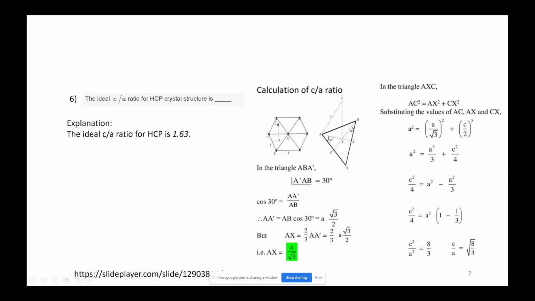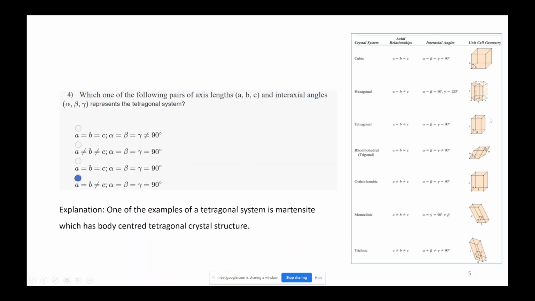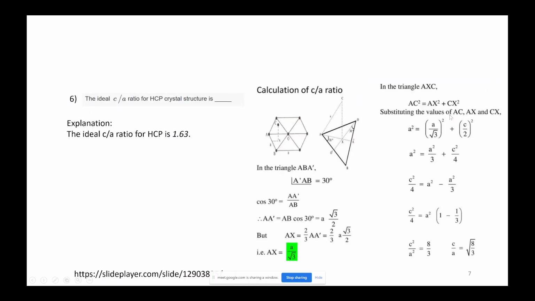For this triangle, you can calculate and put the values in terms of C and A. C is your vertical axis, and A will be this direction. So C by A ratio you have to calculate. For ideal system, it will be 1.63.